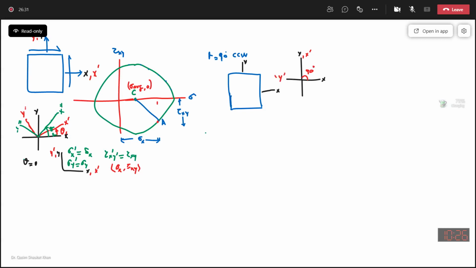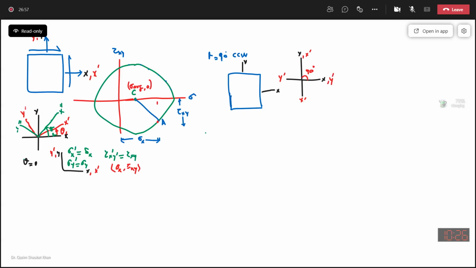So this is your x dash axis and this is your y dash axis. True? This point up till here, it is okay? Yes, sir.